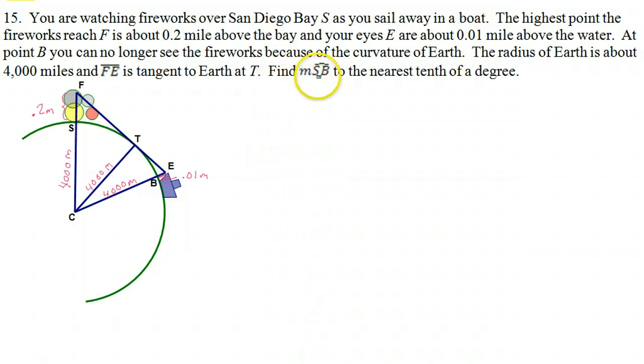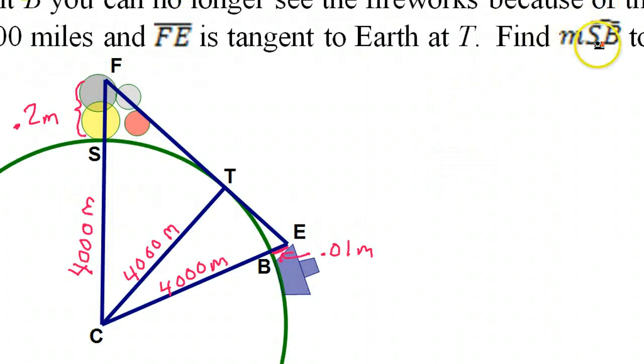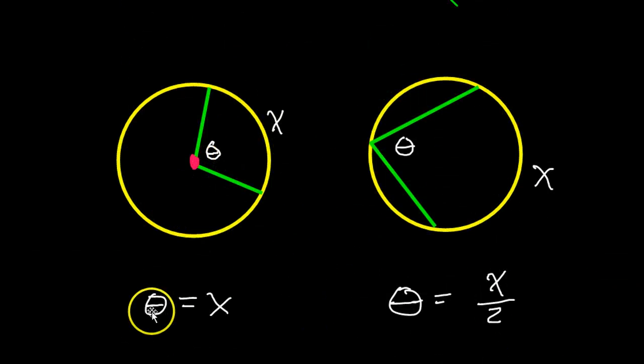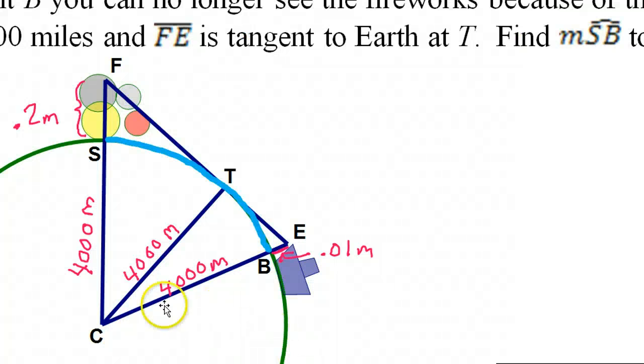We're supposed to find the measure of arc SB to the nearest tenth of a degree. So that's this right here. But we know that when the angle is at the center of the circle, like this, the angle and the arc measure are equal. So if we knew what this angle was, it's going to be the same number of degrees.